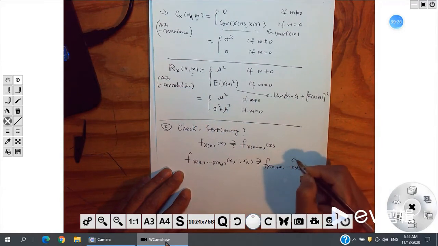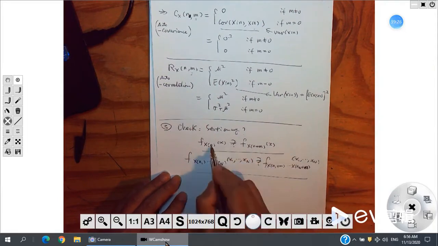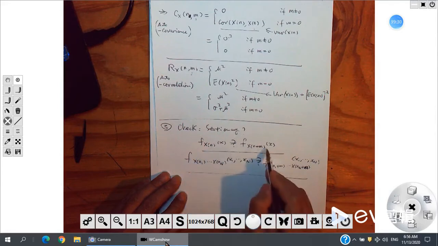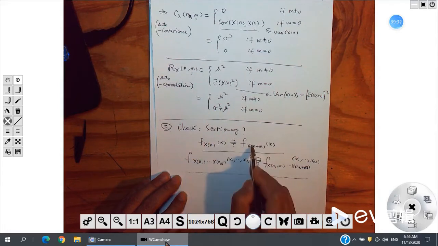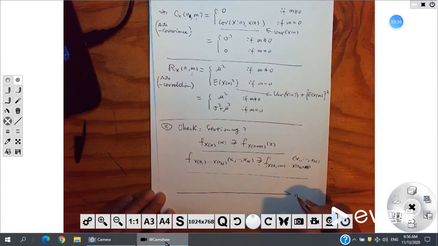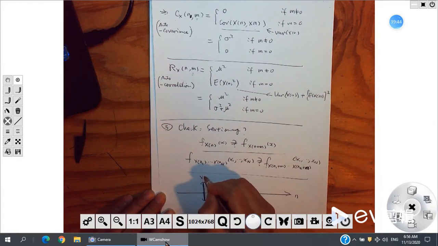Are they the same? You change the index, you add some m in the index, then do you have the same distribution? You can think like this. This is time n. Then for every n, you have x of n here.